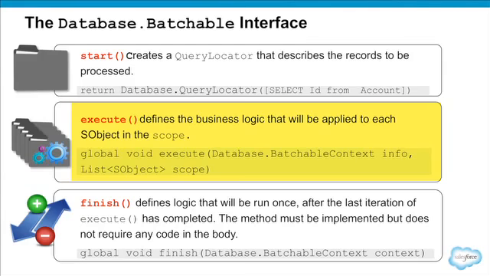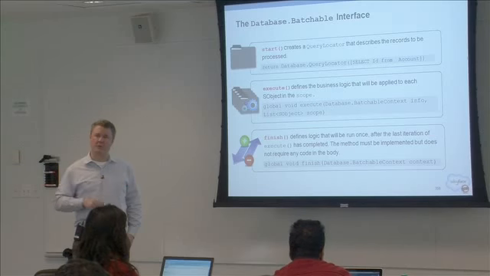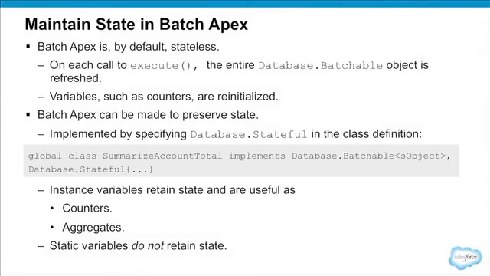If I want to do the aggregate, I want to count up a subtotal or something like that, how do I count the subtotal if I do a GC at the end of every single call to execute? That's where we'd implement the Stateful interface, and now our instance variables in that batchable class will be available across executions.